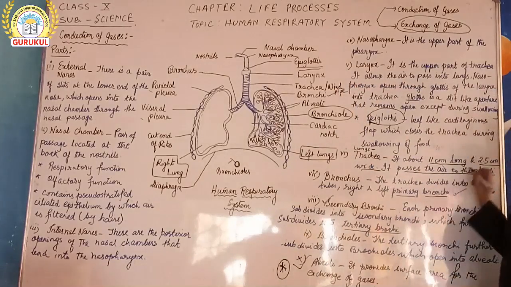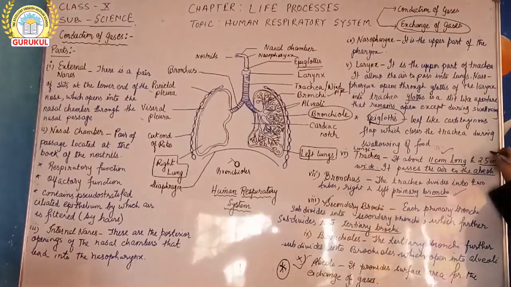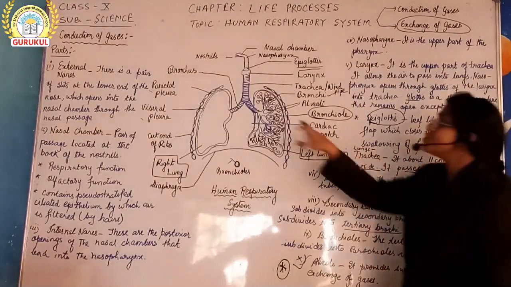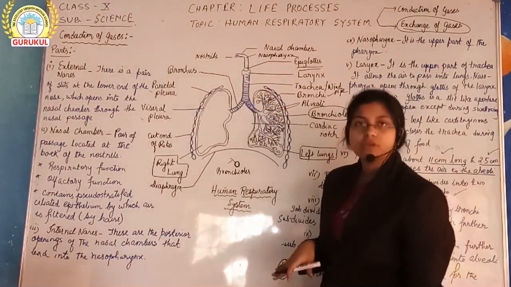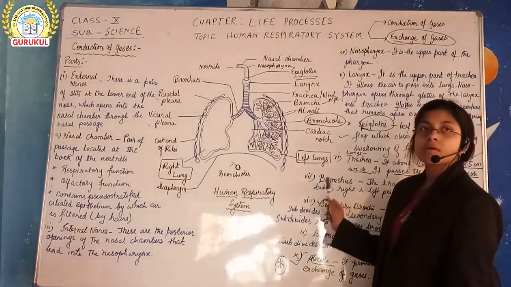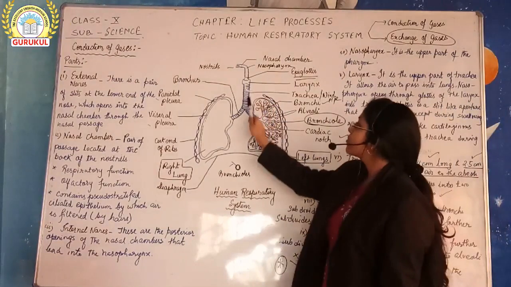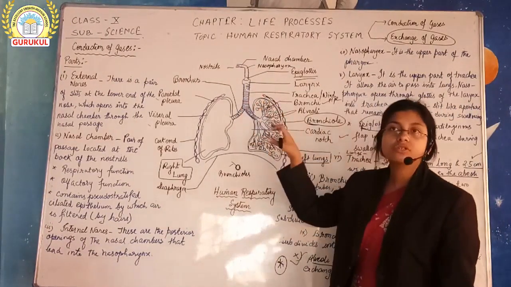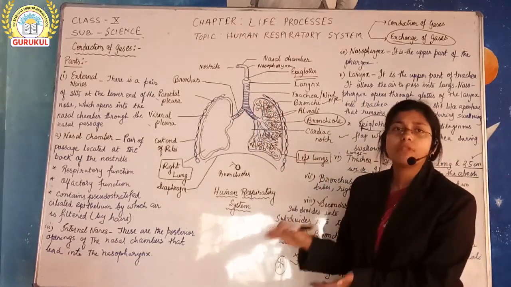The trachea is 11 centimeters long and 2.5 centimeters wide. The ring-like cartilaginous structures in the trachea prevent its collapse.